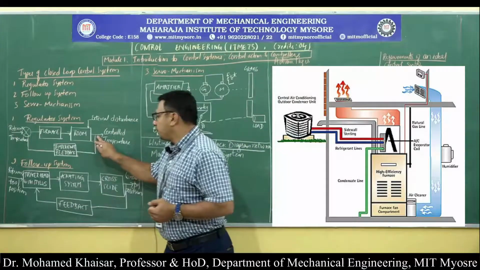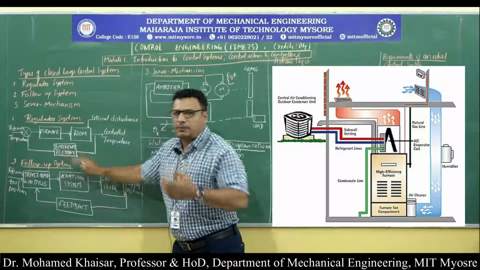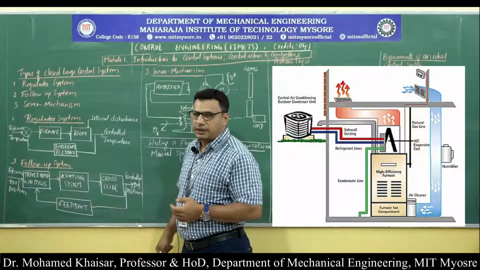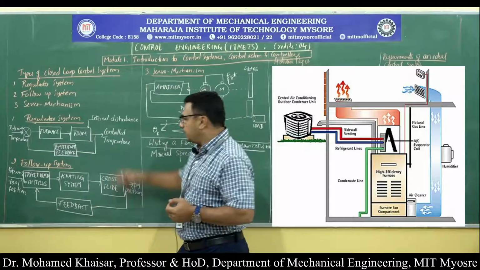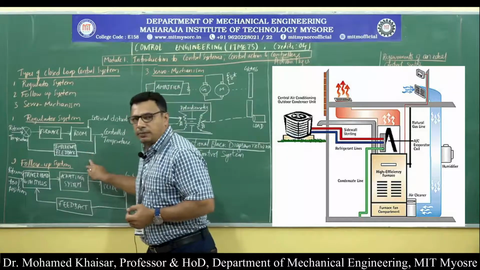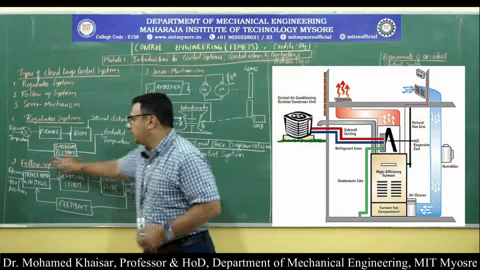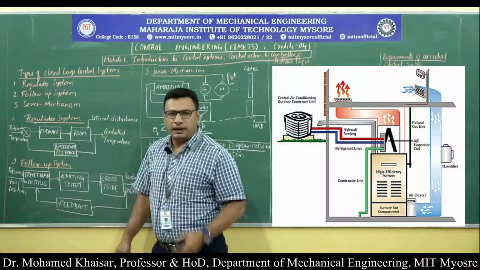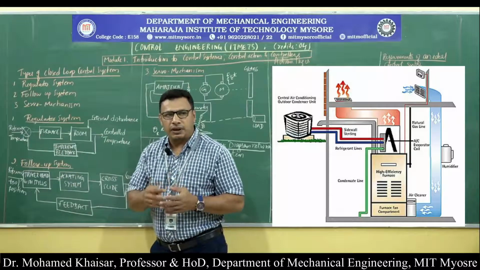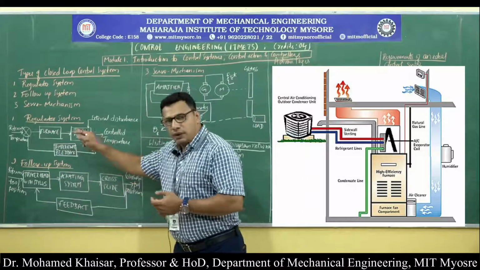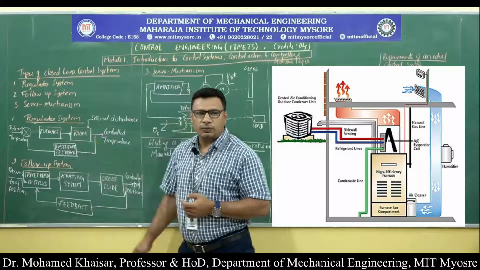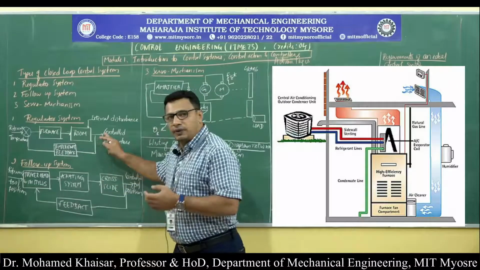Now the temperature of the room is measured with the help of some temperature sensing device. The output measurement is carried out, and this temperature measurement with the feedback element is fed back to the thermostat, and in the thermostat a comparison is made between what temperature we wanted the room to have and what temperature we actually got.